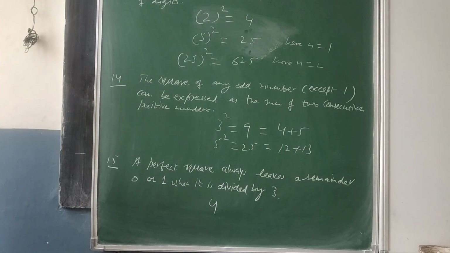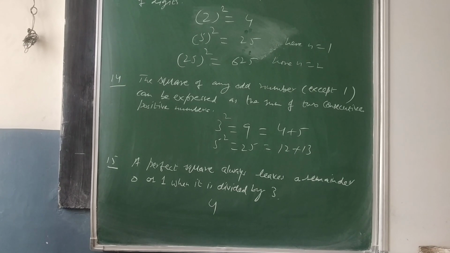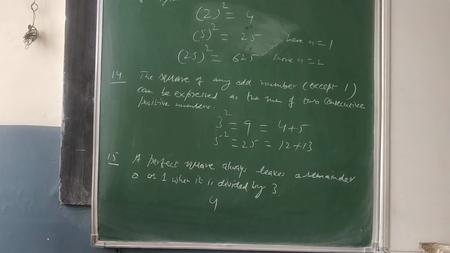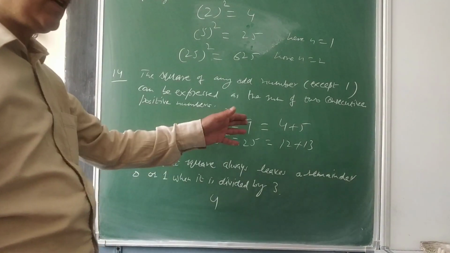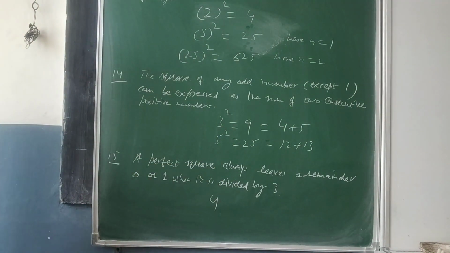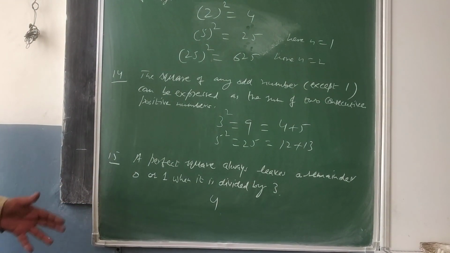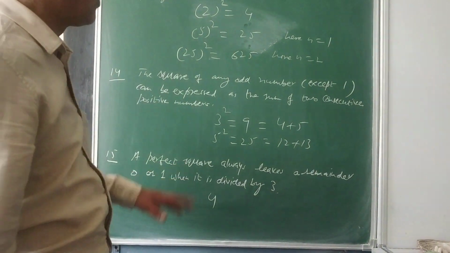The remainder will be equal to 1. If you take the next, suppose it is 9. 3 3s are 9, so the remainder will be 0. If you are talking about 25, again a perfect square, when you divide it by 3, 3 8s are 24 and your remainder will be equal to 1. So either the remainder will be 0 or the remainder will be 1.